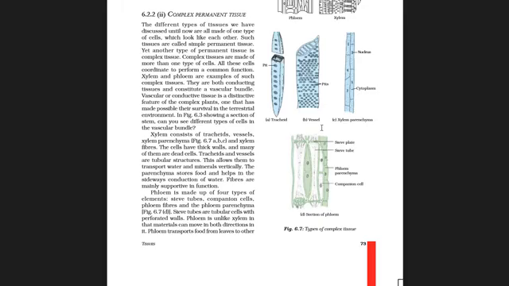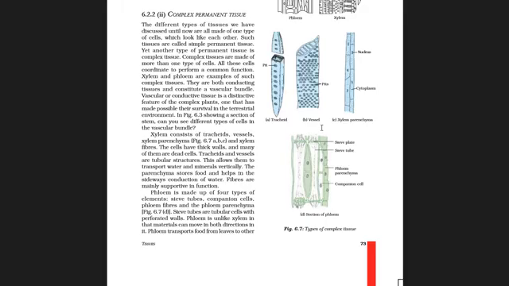All these cells coordinate to perform a common function. In complex tissue it is very necessary that all the cells come together and coordinate properly. Xylem and phloem are examples of such complex tissues.